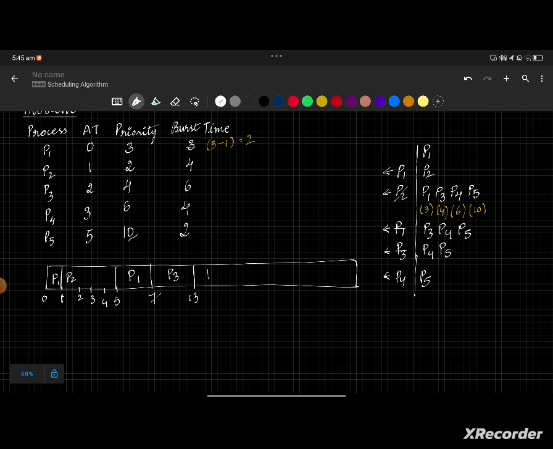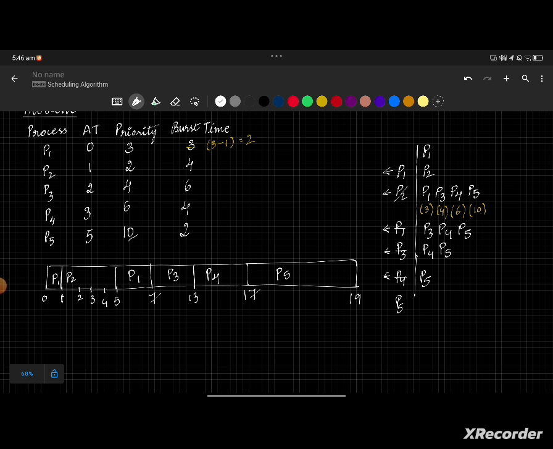P4 had a burst time of 4, so 13 plus 4 is 17. P4 is done, and the last process left is P5. P5 goes, and it has a burst time of 2, so 17, 18 and 19.